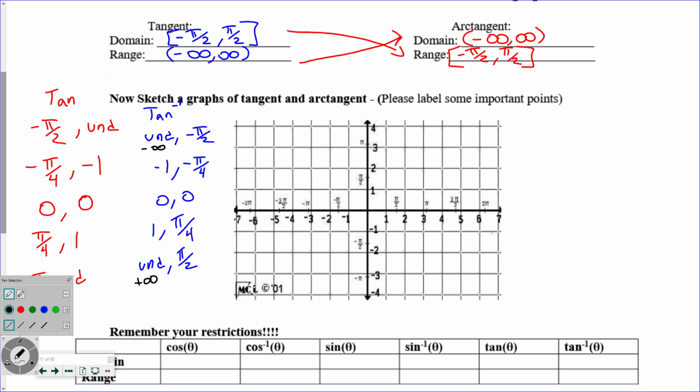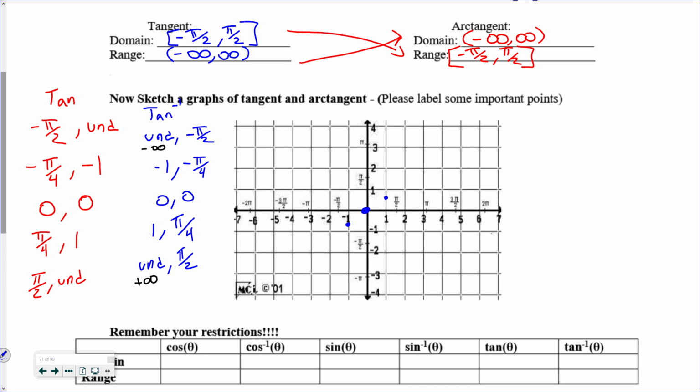All right, so let's see if we can come up with something that looks like a graph for this. I'm going to start with 0, 0, that midpoint, then -1, -pi over 4. Let me estimate where that is. That's right there. We've got 1, pi over 4 as my counterpart to that.